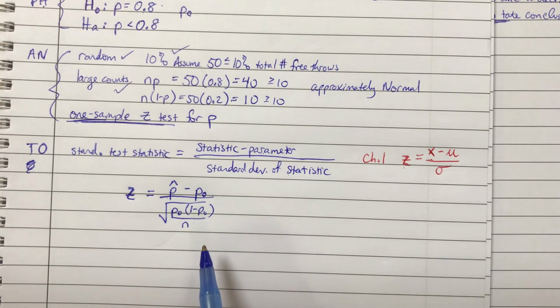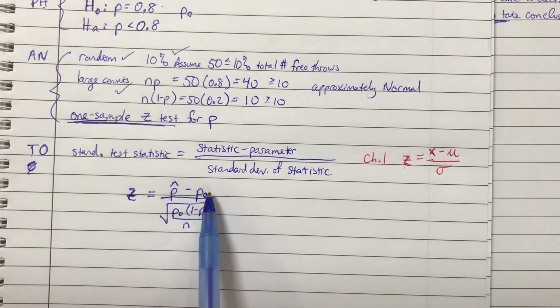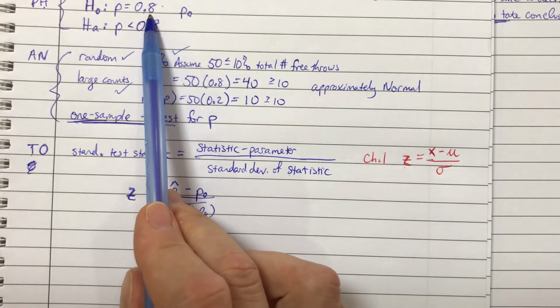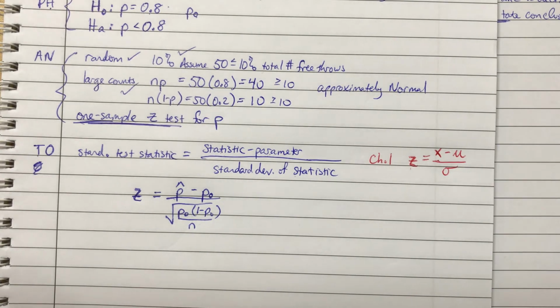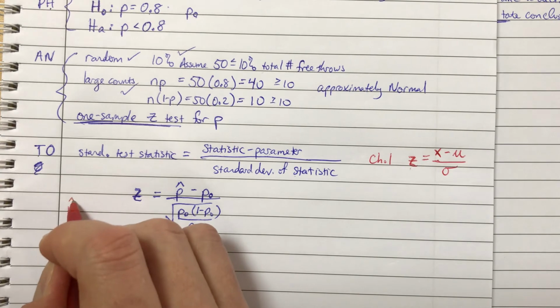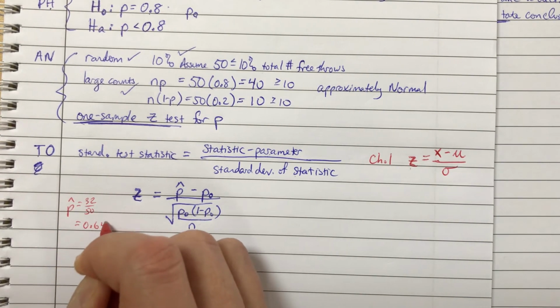All right, so we've got the p hat, the sample proportion, minus the parameter. The standard deviation of the statistic is, we are using the 0.8 to do this. Okay, so we're going to substitute values. Now we said that p hat was 32 out of 50. As a decimal, that is 0.64.